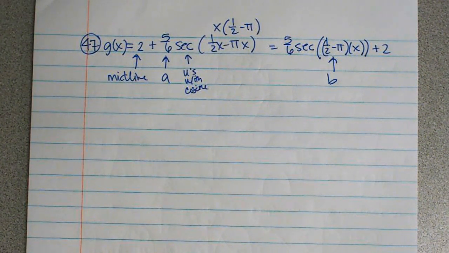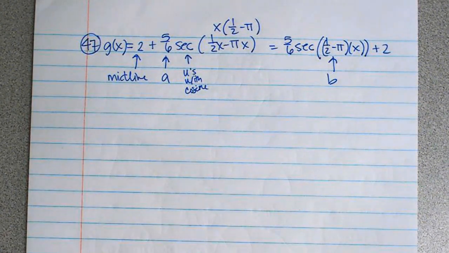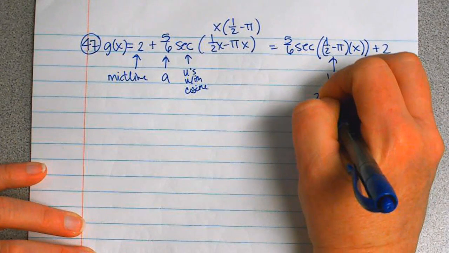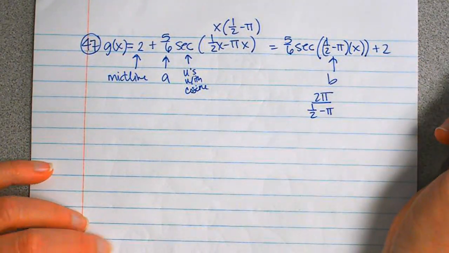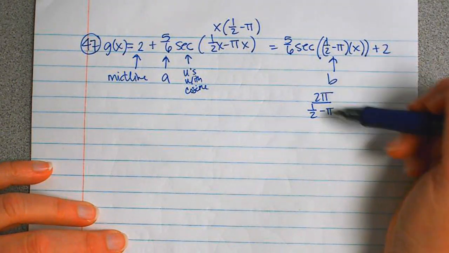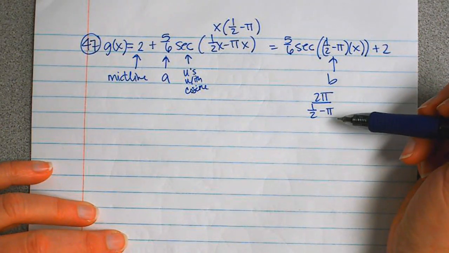So 47 is weird. With that, it didn't make any sense. So what's the period? Whoa. The period is 2 pi over 1/2 minus pi. I doubt I would quiz you on something like that, but it's a good thinking problem.